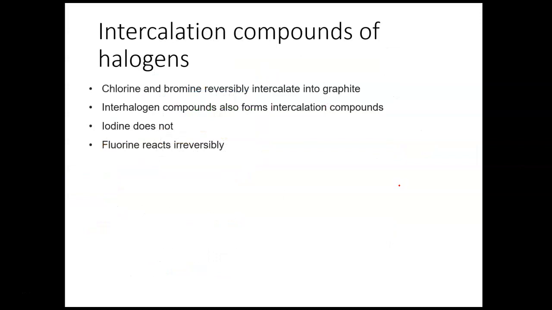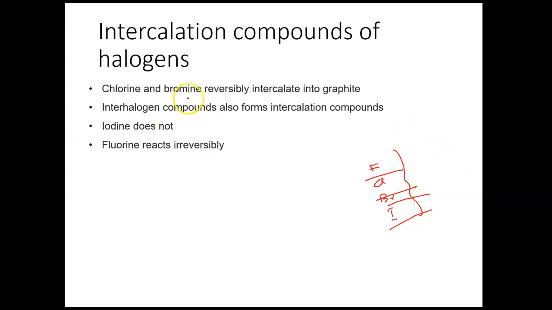And now moving on to another important kind of intercalation compound, that is intercalation compounds of halogens. Halogens, as you all know, are fluorine, chlorine, bromine, iodine, etc. How can they be intercalated into the graphitic layers to form graphite intercalation compounds?